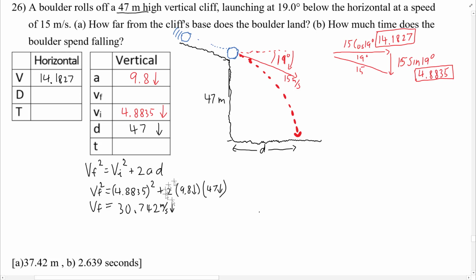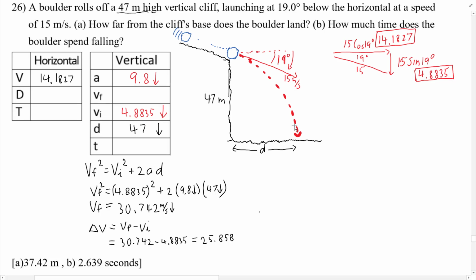So no matter if down is negative or down is positive, this term is always positive. And this is always squared, so this term is always positive, no matter if that's up or down. If they're opposite, if this is going up, then this will be a negative term. So when we solve that, we get VF, it'll be down. We take the downward answer because down is the answer.